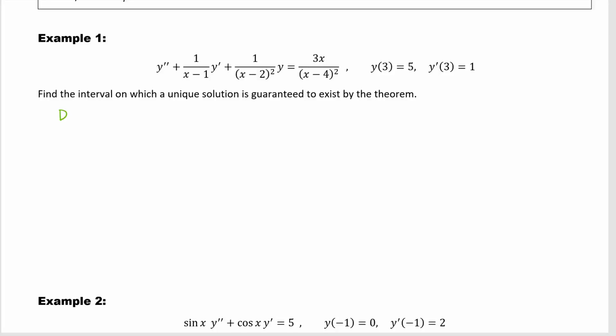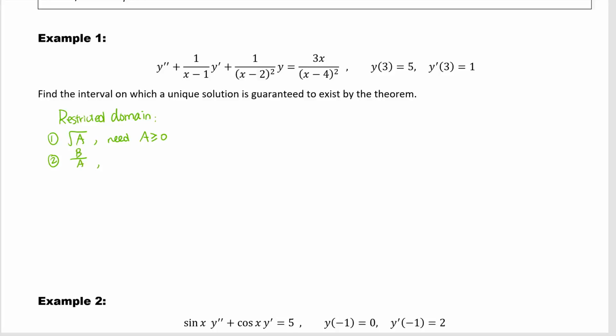Do you remember there are 3 types of functions with restricted domain? So what are those 3 types? First one, we have square roots. What do we need? We need the things inside the square root to be greater than or equal to 0.